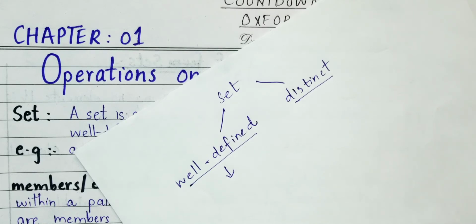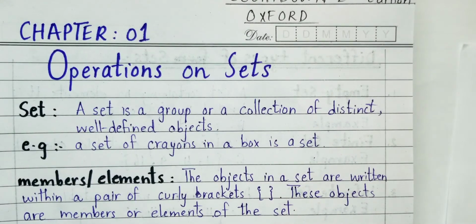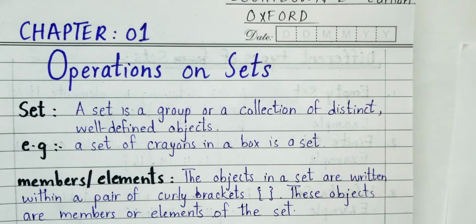When we move towards the example of a set, a set of crayons in a box is also a set. The planets of a solar system, if I say, is also a set because it has distinct planets that everybody knows are a part of the solar system, so that is also a set.